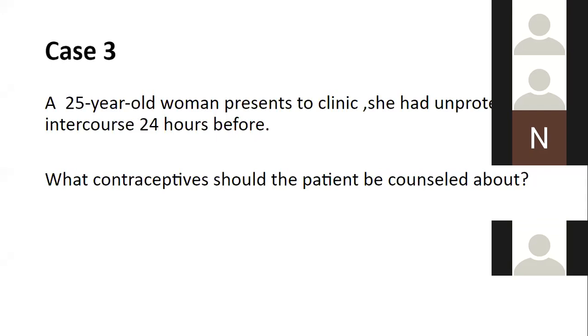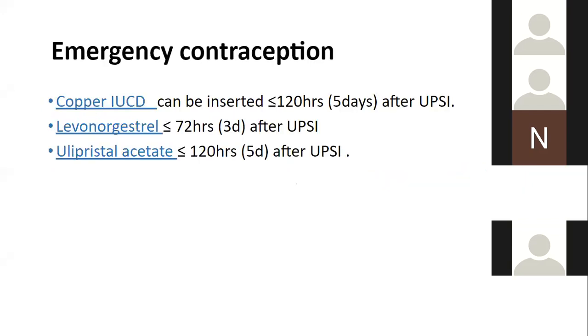So emergency contraception, the choices available are the copper IUCD, the intrauterine contraceptive device, which can be inserted up to 120 hours after unprotected sexual intercourse.